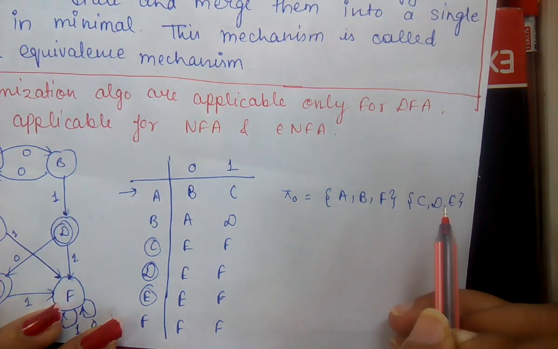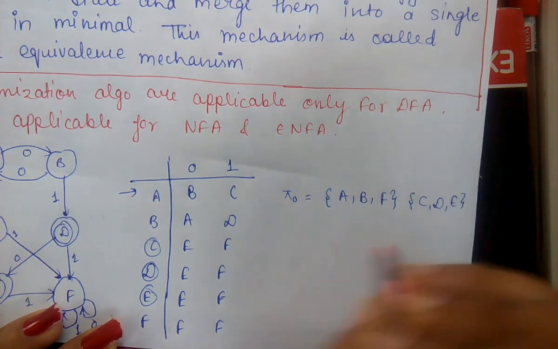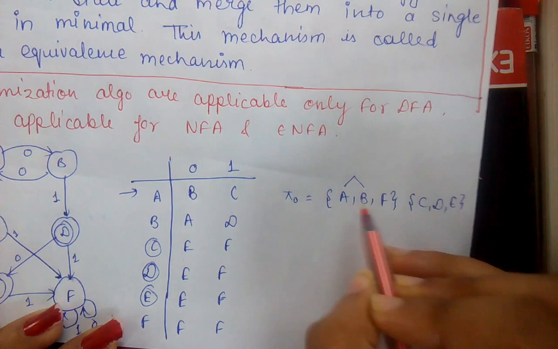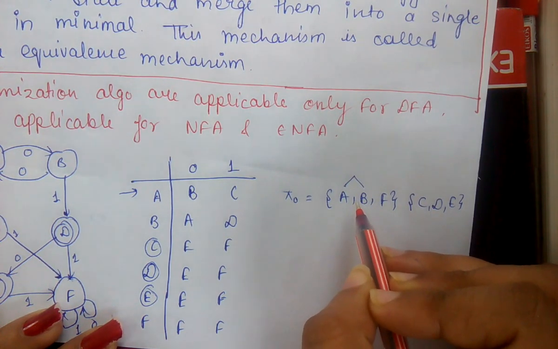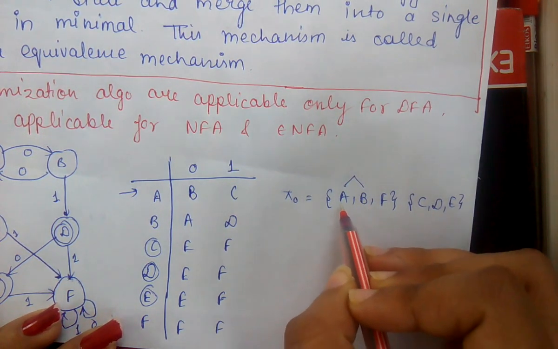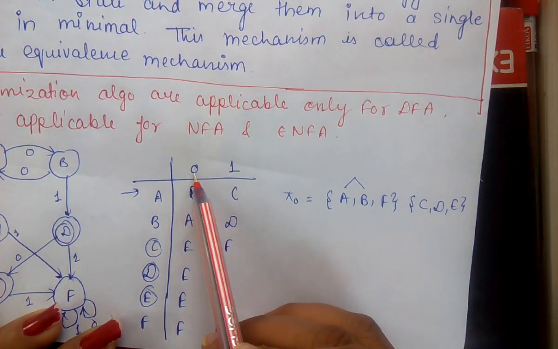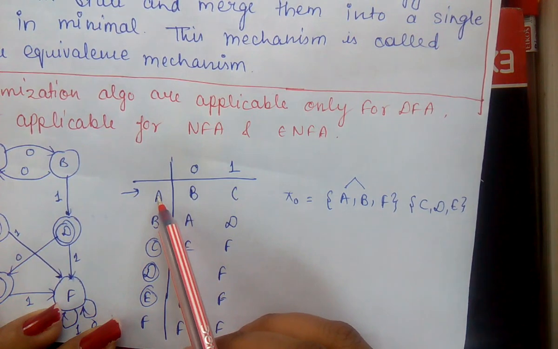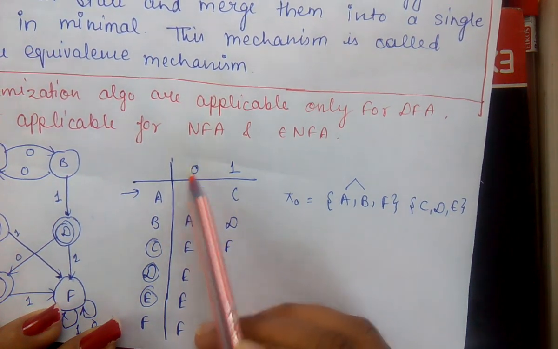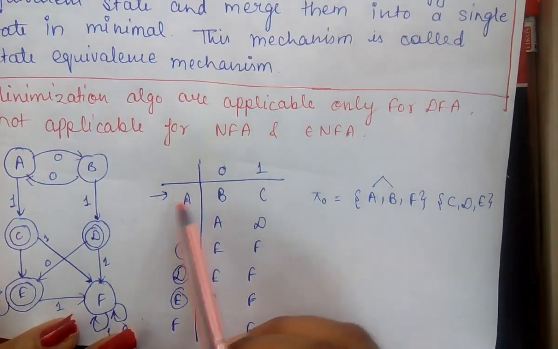If we take the example, are A and B equivalent or not? First of all we will check for 0. If we provide 0 to A, where is it going?